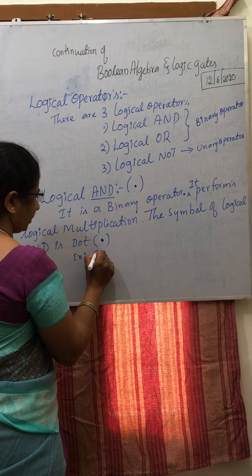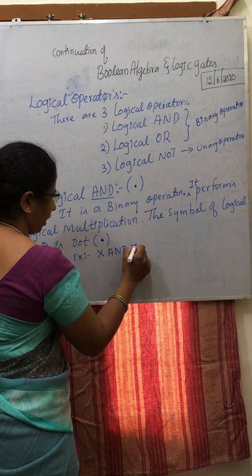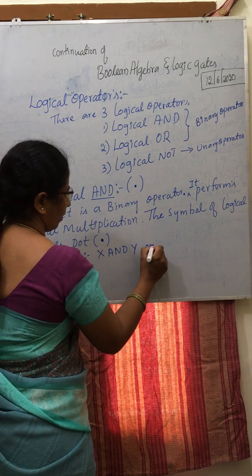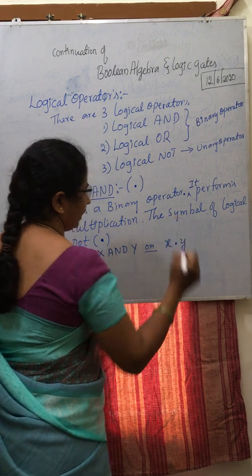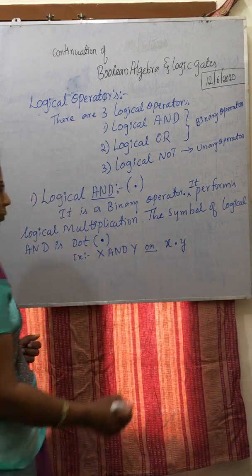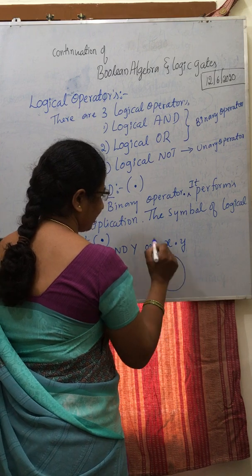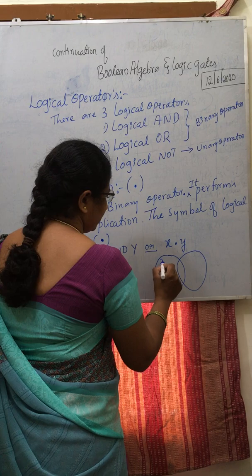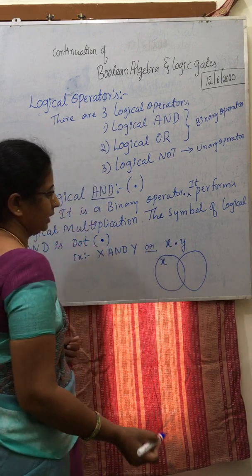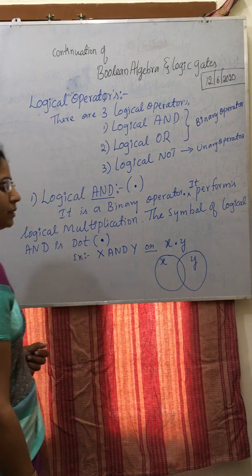Example, we can write X AND Y or X dot Y. How can we represent this in a Venn diagram? This is X possibilities, this is Y possibilities.